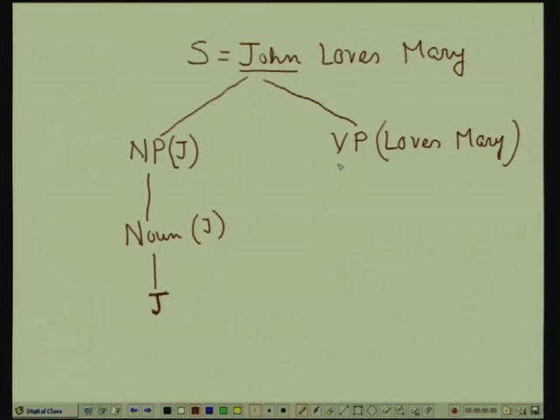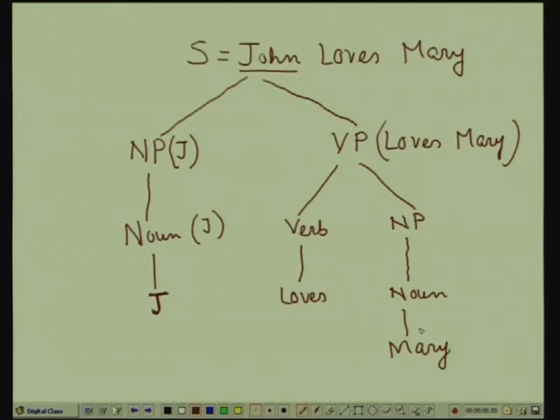The verb phrase can be further broken down into the verb and the noun phrase, and this verb is loves, and the noun phrase is the noun Mary. All right. So, this is the full parse tree. This is a terminal symbol, this is a terminal symbol, and this is a terminal symbol. So, this is a parse tree.